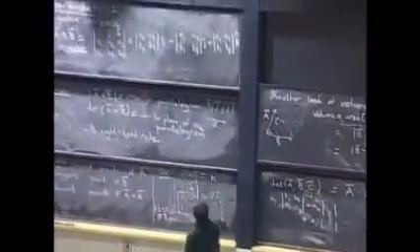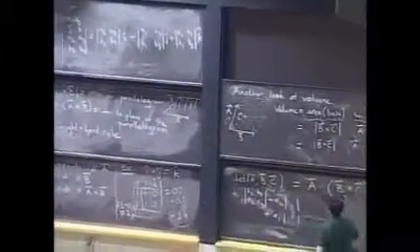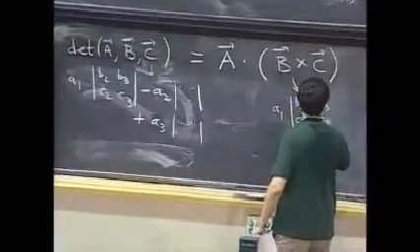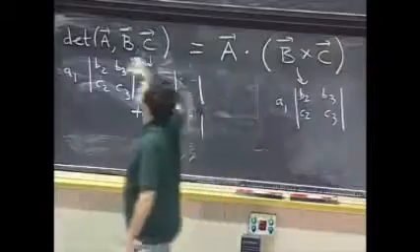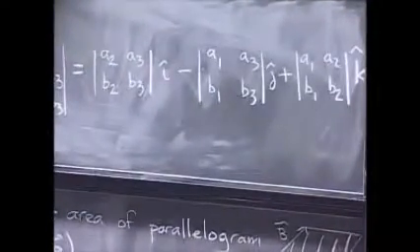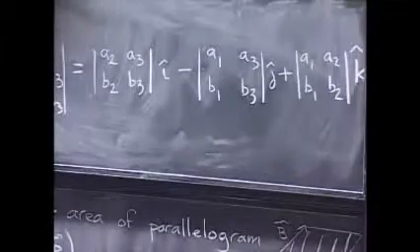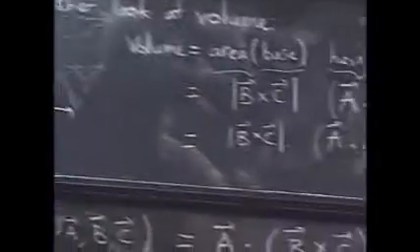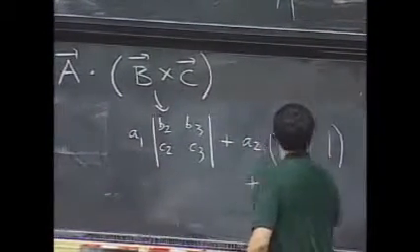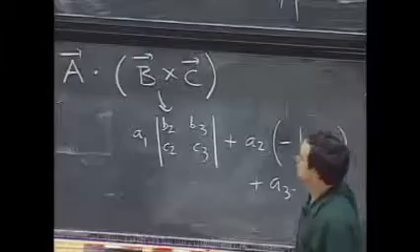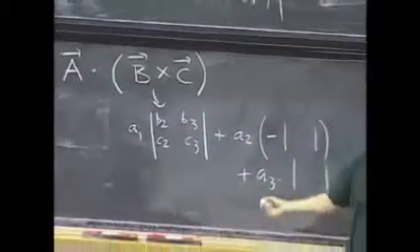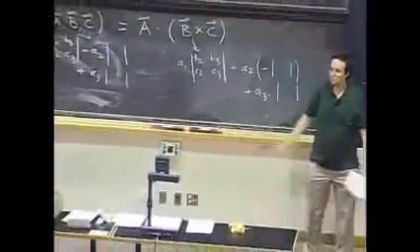Well, it's this determinant of B2, B3, C2, C3. If you put B and C instead of A and B in there, you get the i component. Plus A2 times the second component, which is minus some determinant, plus A3 times the third component, which is again a determinant. And you can check to get exactly the same expression. So everything is fine. There's no contradiction in math just yet.